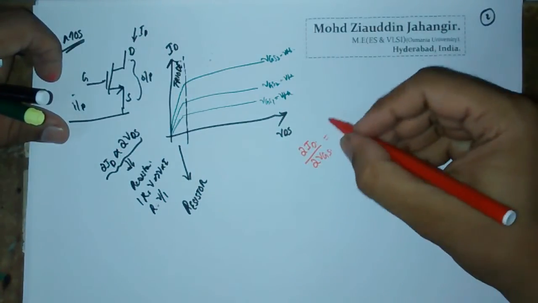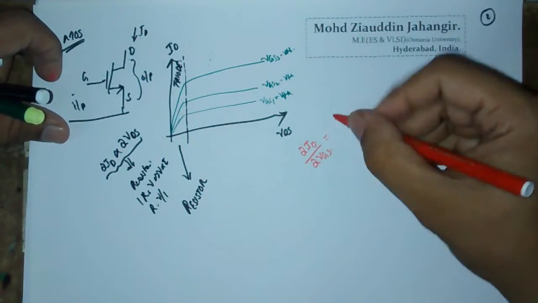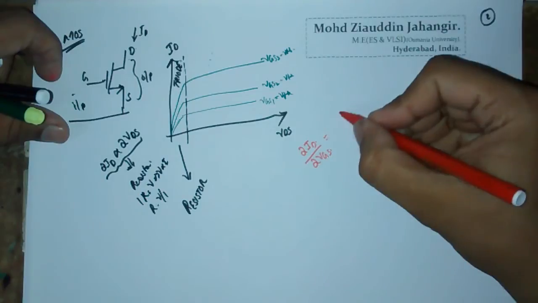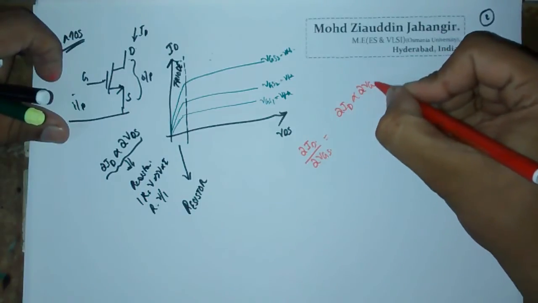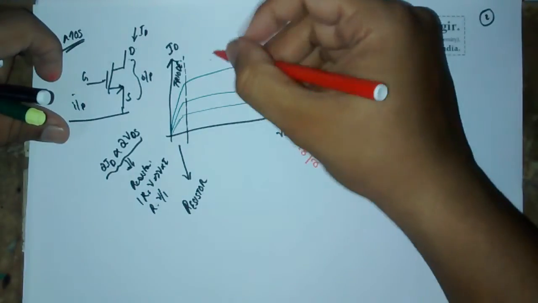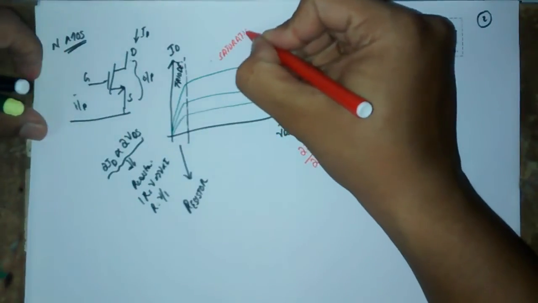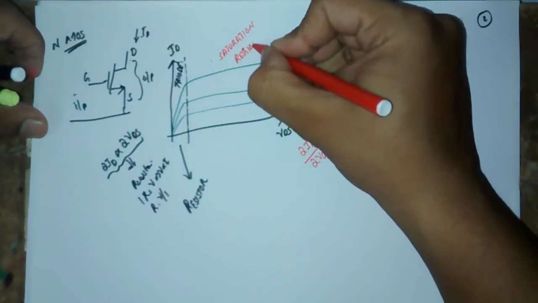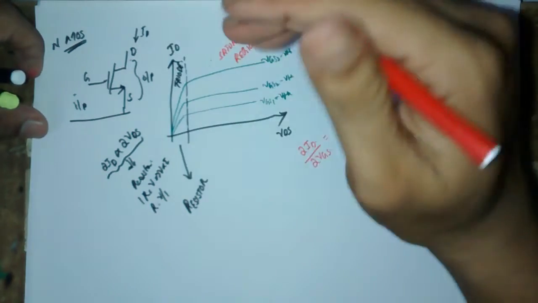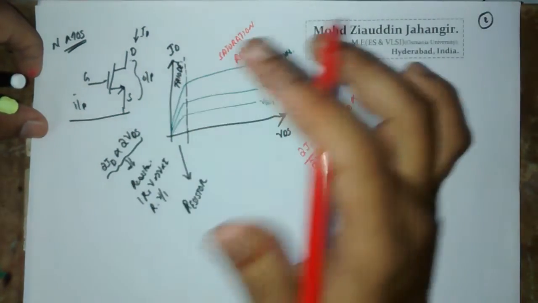This is also called transconductance, where dou ID is proportional to dou VGS. This region is called the saturation region of MOSFET. It is in this region that a MOSFET shows transistor characteristics, whereas in the other region it just behaves as a resistor.